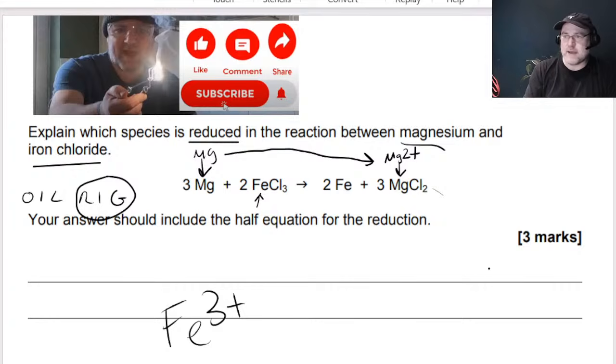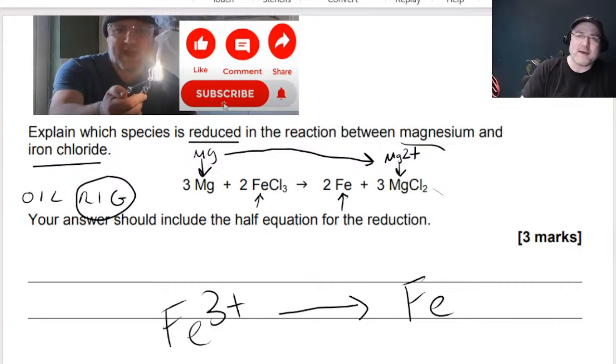Then, what is Fe afterwards? Well, Fe's on its own. It's back to being an element. It has neither lost nor gained. It's back to its original form. So it's gone from 3+ to Fe. How did it do that? It gained 3 electrons.